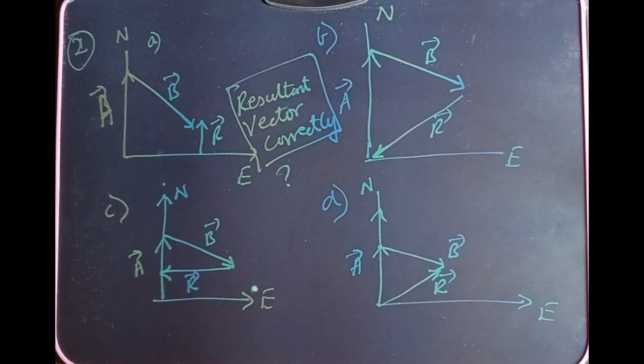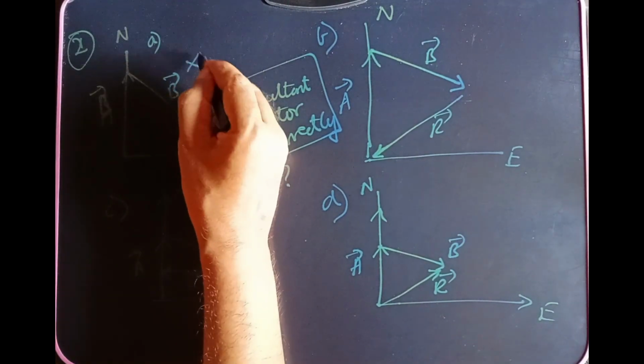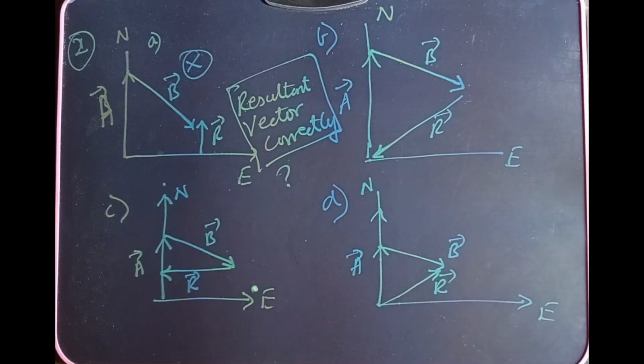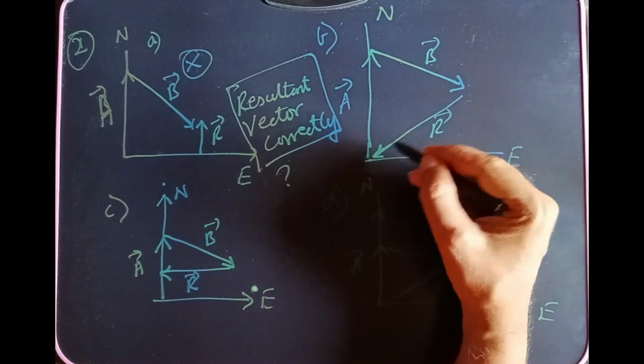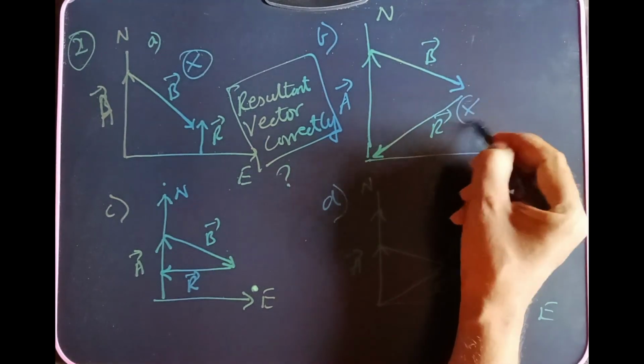When do we say that it is the resultant vector? When the tail of the first vector touches the head of the last vector. Here the tails are not touching, so it cannot be this. For B, the resultant tail is touching the tail of the initial vector, no, so it cannot be this also.